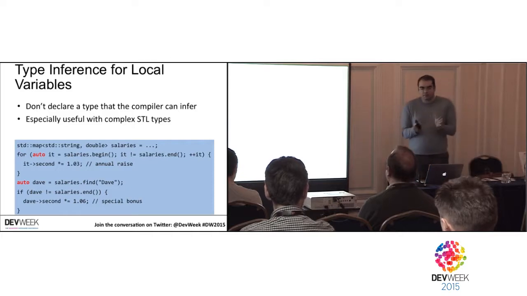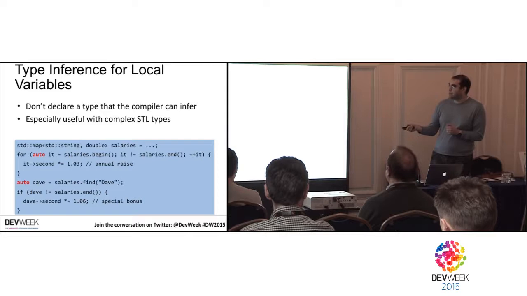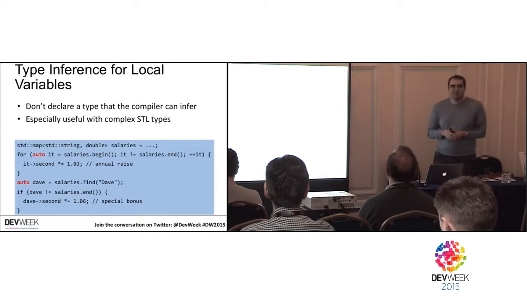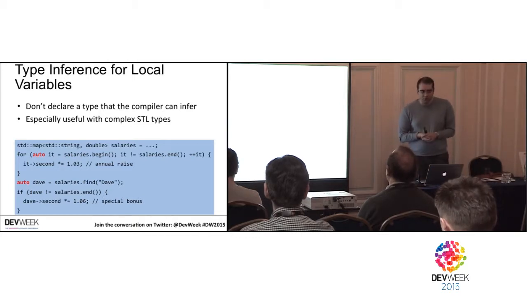Again, it is absolutely clear to the compiler what the type should be, because it knows the type of the expression on the right-hand side. So there's no ambiguity. It just figures out the type and puts it there instead of the auto that you wrote. Again, this has potential for simplifying lots and lots of code.